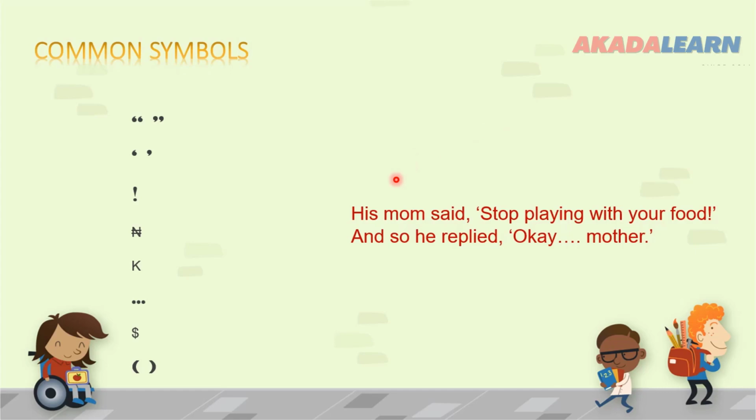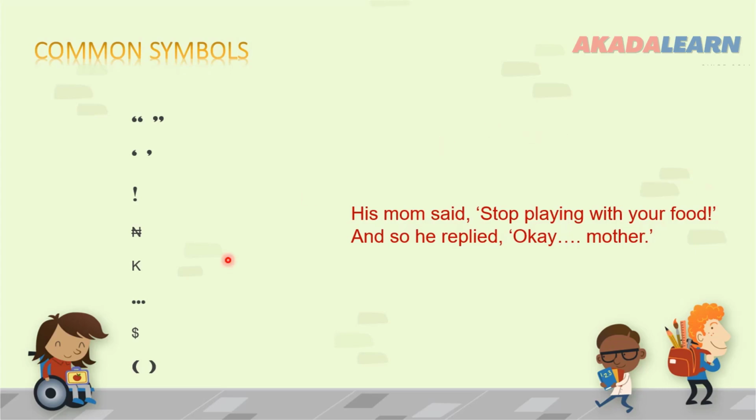For example, his mom said, "Stop playing with your food!" We know she said it seriously because of this exclamation mark. We know that she said it very strongly because of this mark. Okay, it shows us that it was a strong statement or a loud statement.